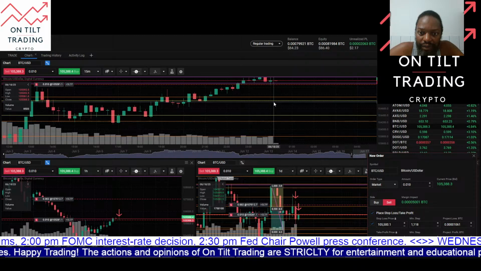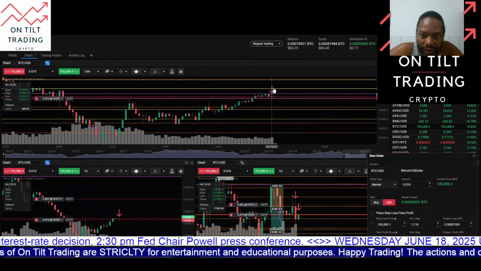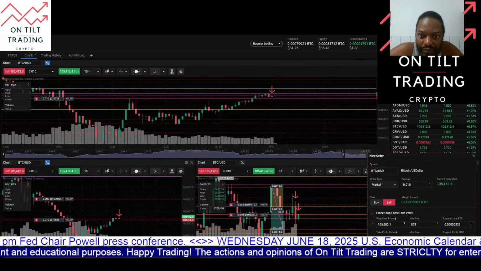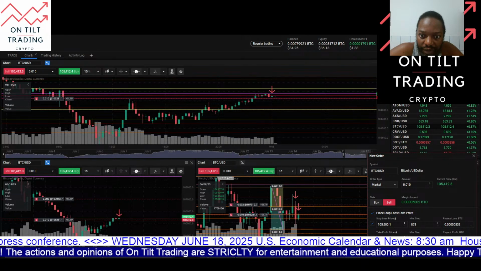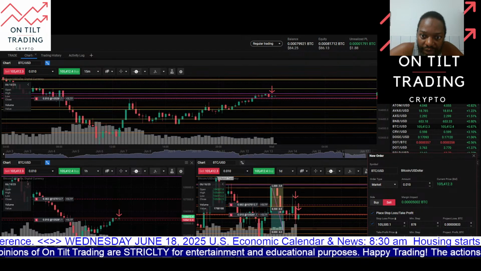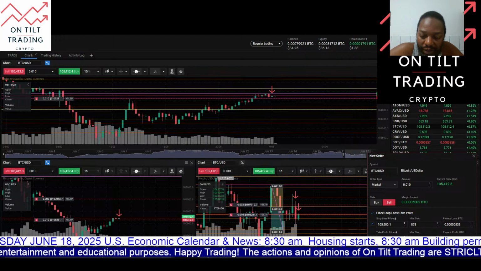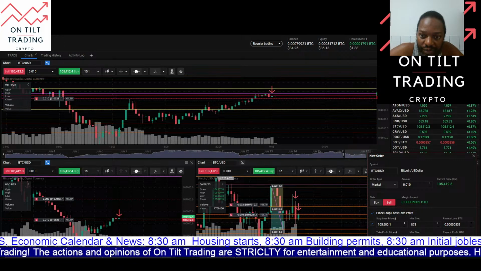Let's see if there are any. Okay, the nearest level to the long side is this level here. So in order to take a position, Bitcoin will have to close above this level, then find this level to either put in a swing high or a swing low for a position.